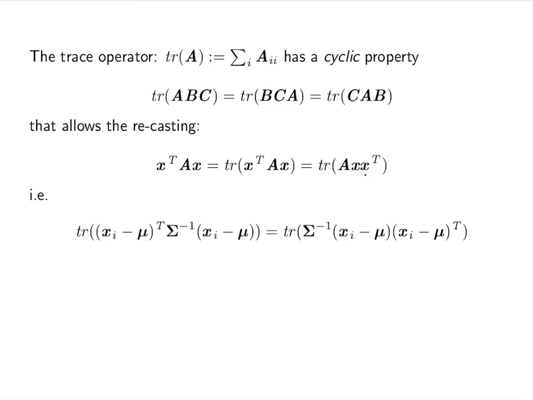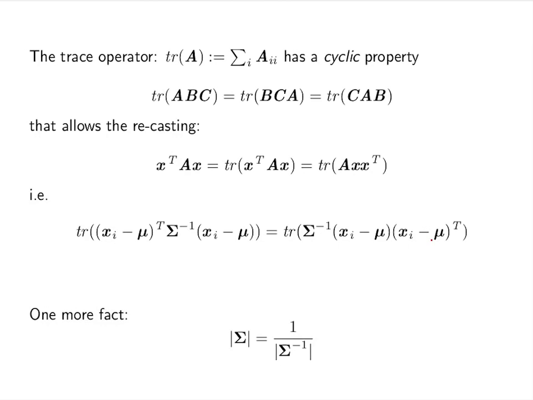So this seems not very intuitive at first, but as we will see, that's a very nice trick to have in the back of your mind. So we apply this specifically to our quadratic expression here and simply cyclically shift terms.